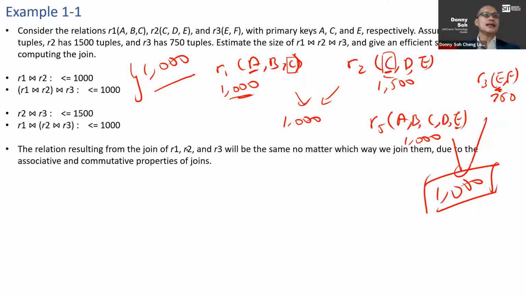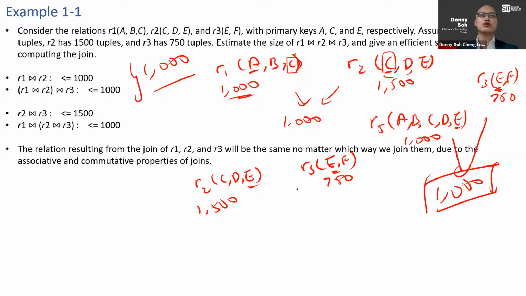Let's see if we join R2 and R3 first. If you join R2 and R3, let's draw this. R2 and R3 will be joined based on E. This is 1500 and this is 750.